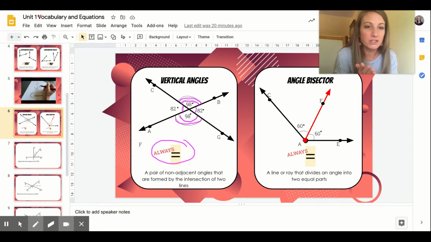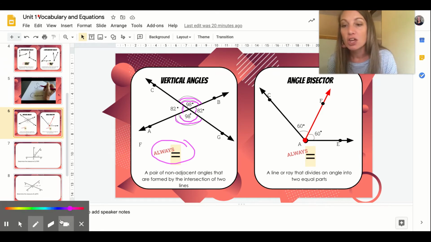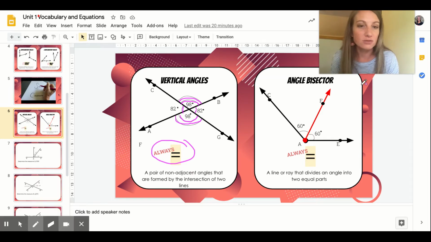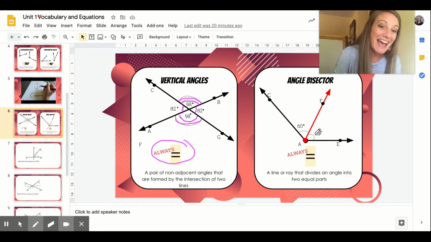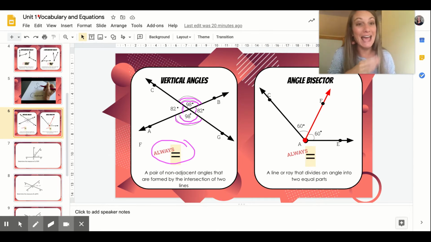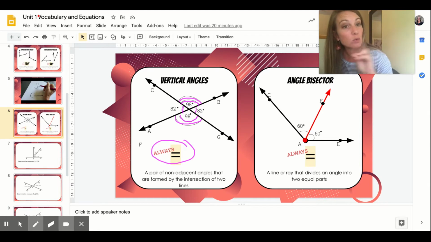And why do I call them butt cheeks? Here's why. Because when you have bisectors, like our next word, angle bisector, bisectors make butt cheeks. BB. Bisectors make butt cheeks. So if I have my angle bisector right here, right? An angle bisector is a line or a ray that divides an angle into two equal angles.